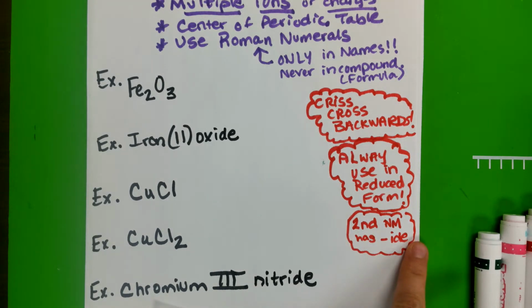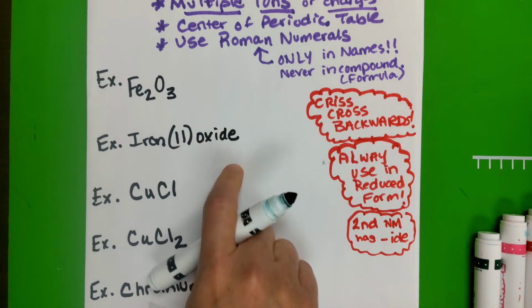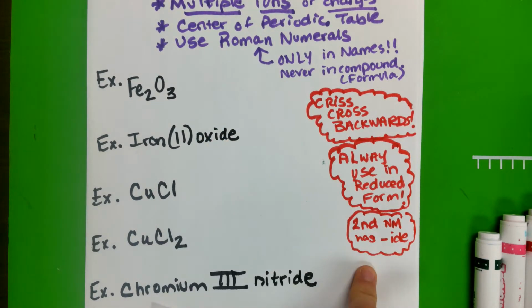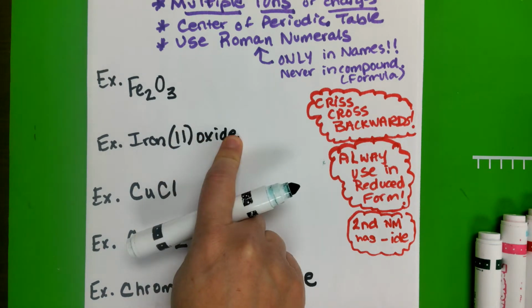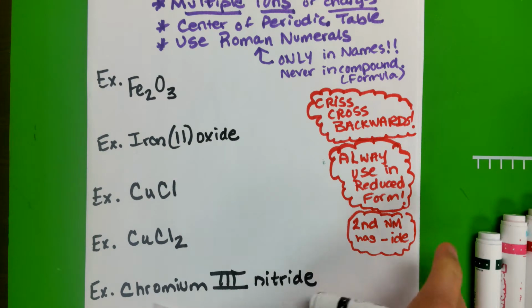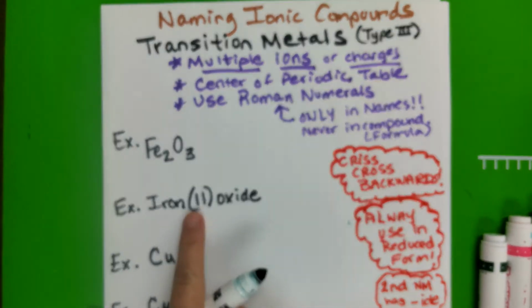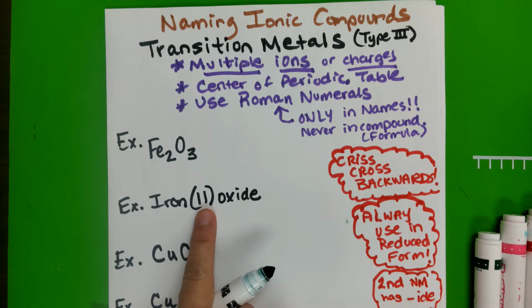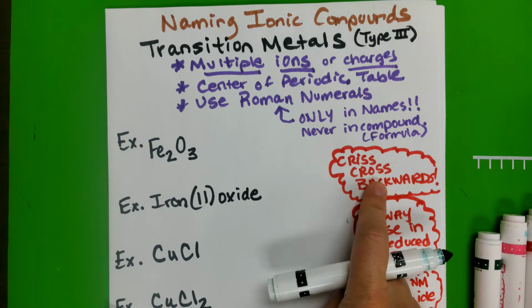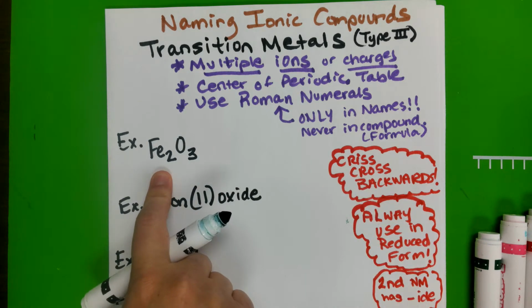And also don't forget that your second name, which is a non-metal, always has IDE at the end instead of oxygen. So it still has similar rules, except we're going to do the Roman numerals, and we're going to be looking at the crisscross a little bit backwards.